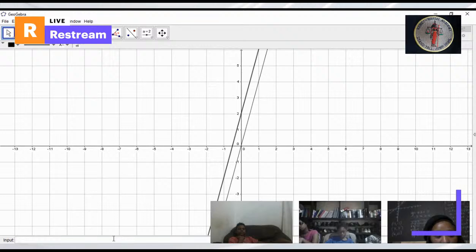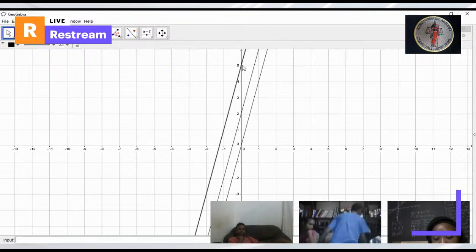So let's look at y equals 4x plus 5. What happens to that line? Again, same gradient as the other two, because they all have 4x, but we just took the original line y equals 4x and just shifted it up the positive y-axis to 5. So this is the line y equals 4x plus 5.